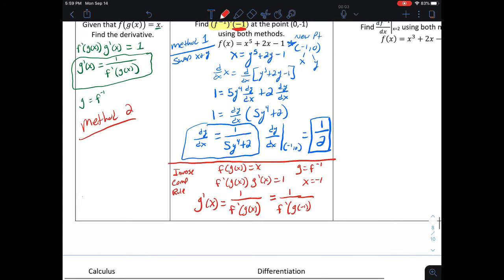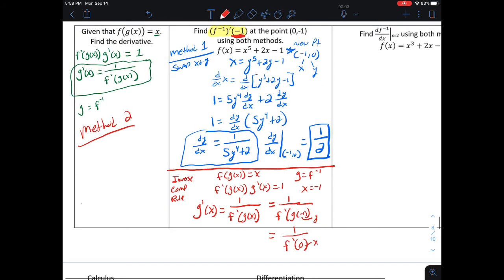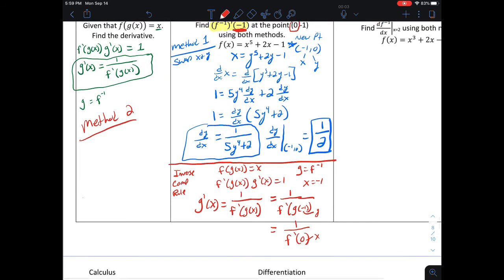Well, since g is the inverse function, I know that g of -1 is going to give me my original x value. So I'd have 1 over f prime of 0, because the input in an inverse is technically a y value of a point, and what they output are the original x's. So that's where that 0 came from, was that point up here that had x value of 0. So it's basically telling me that the answer that I'm looking for is 1 over the derivative of f when I put 0 in. So I wouldn't actually have to find my inverse.